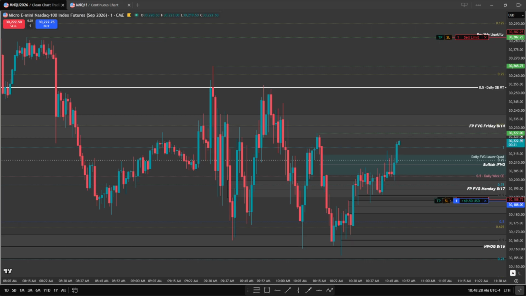I do feel really confident in it going higher now that we've overcome this key level here. I said it would be extremely important, and we spent maybe like 15 minutes chopping in the lower portion of that, and now that we're above it, I like that.